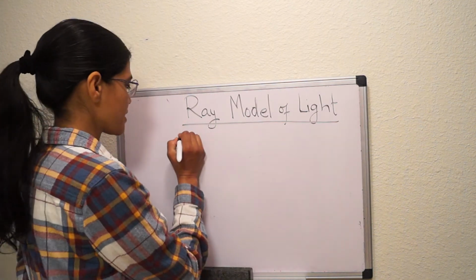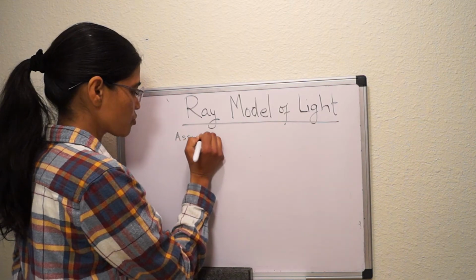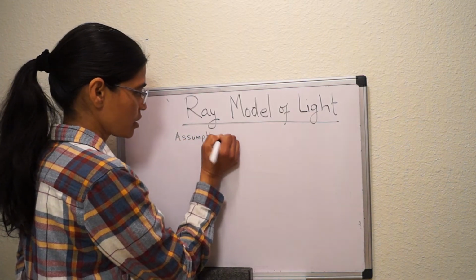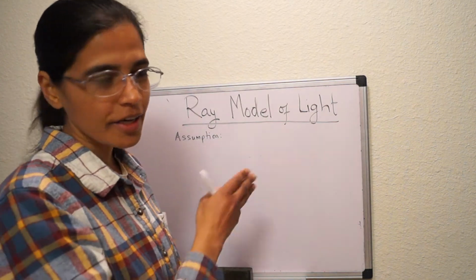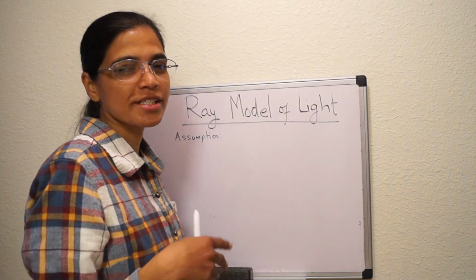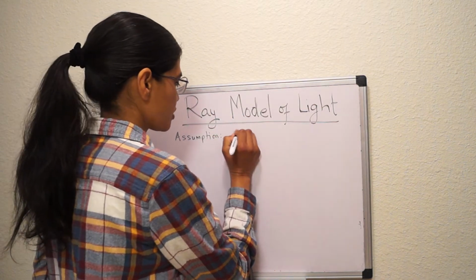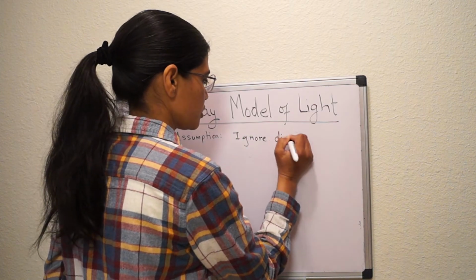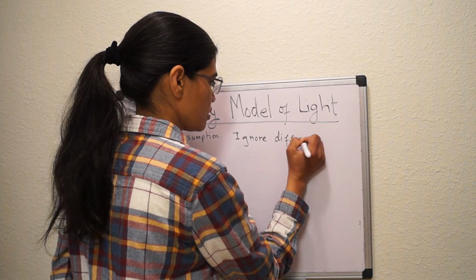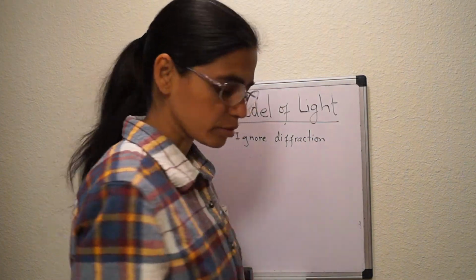Number one, the assumption here is that it ignores diffraction. Whenever we talk about the ray model, we say we are not concerned about diffraction at all, so ignore diffraction of light.